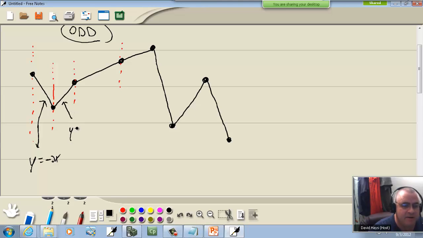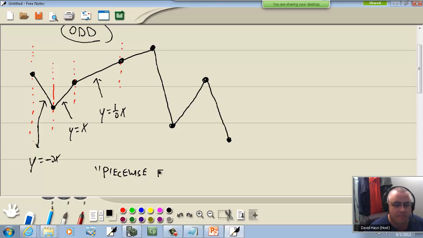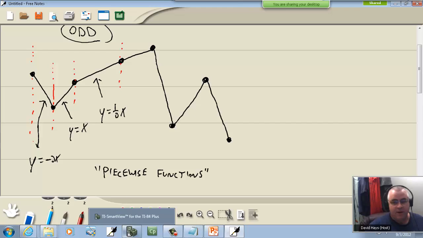Maybe this piece right here is y is equal to x. Maybe this piece right here is y is equal to 1/2 x. So by breaking it into pieces, then we can model it. That's the concept of piecewise functions. We can never get something to completely model our data, but we can break it into pieces.